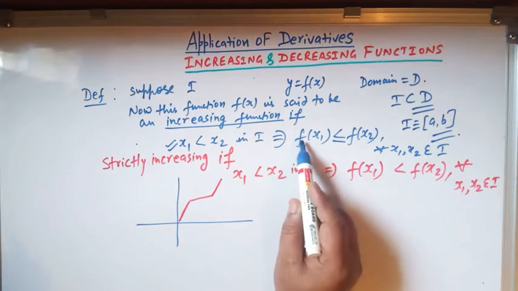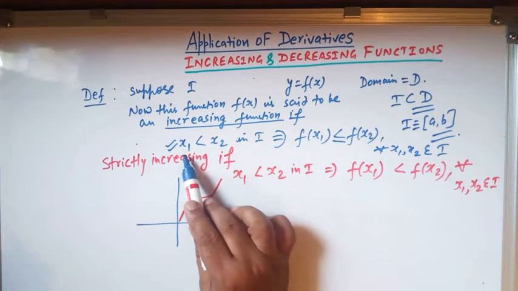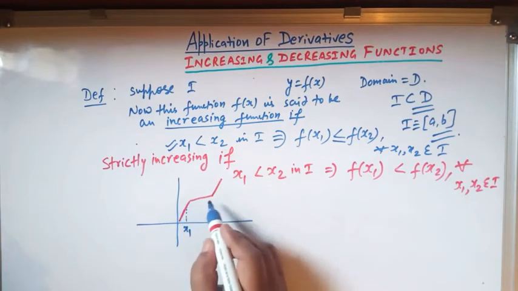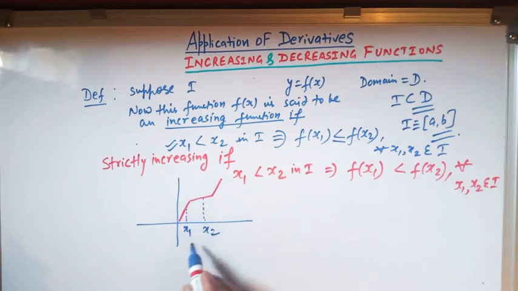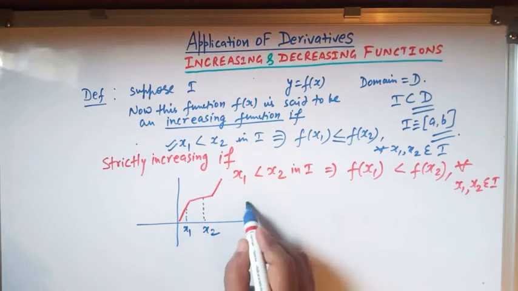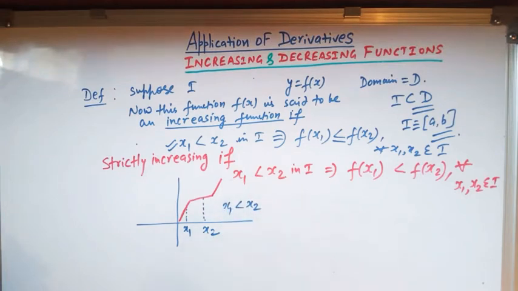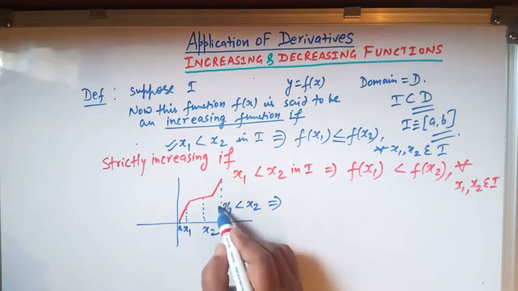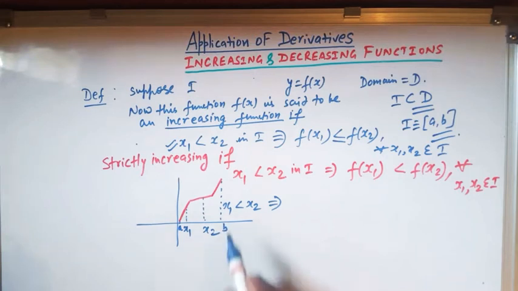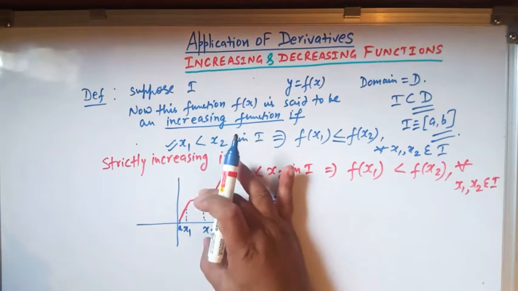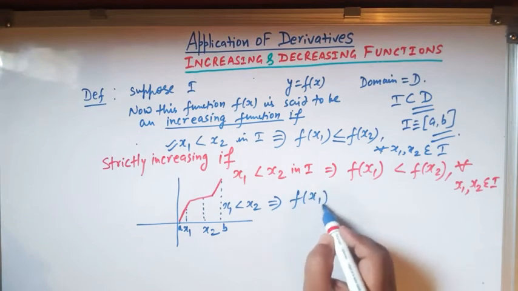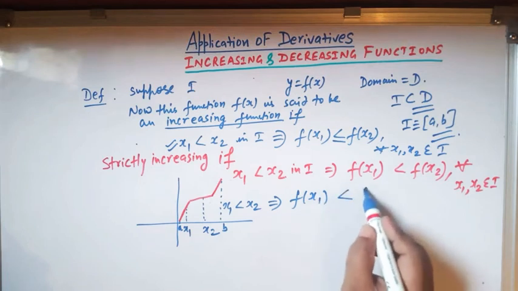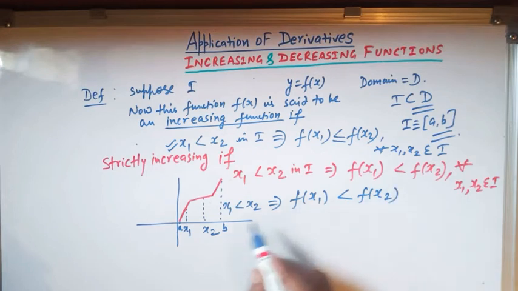Why? Because for x1 less than x2, let us take this point as x1 and this point as x2, and this is the interval a and b. Now obviously x2 is greater than x1, so this height f(x2) is greater than this f(x1).